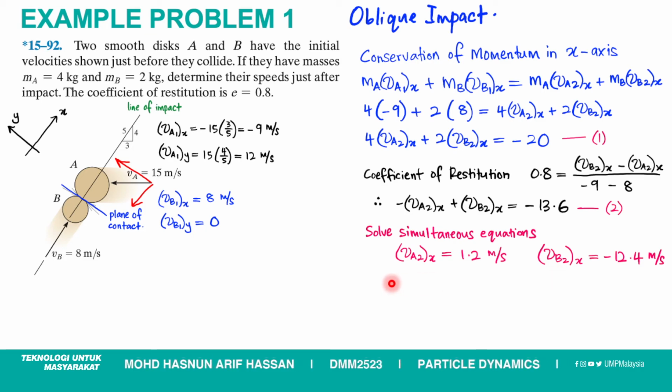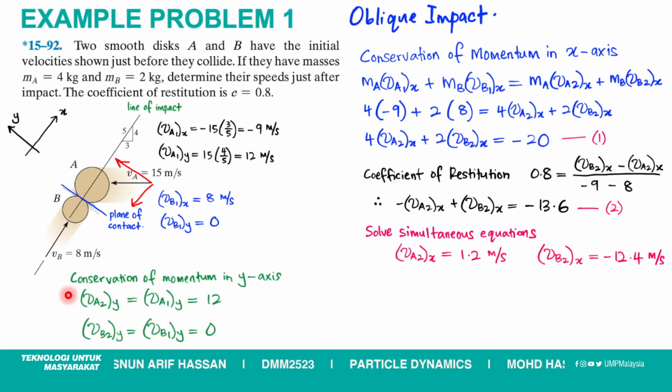The last step is to use the conservation of momentum in the y-axis, and it states that VA2y equals VA1y. So it is in fact equal to 12 meters per second, the same value as VA1y. Same goes for VB2y, it is equal to VB1y, which is equal to 0.